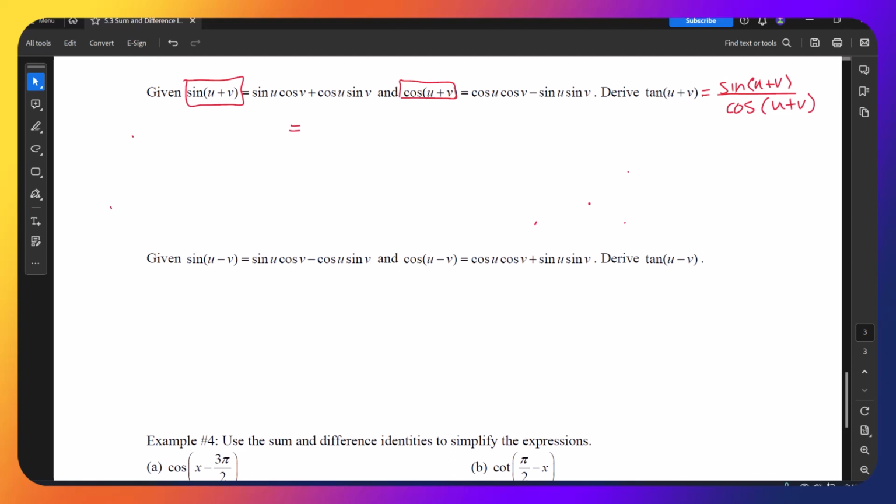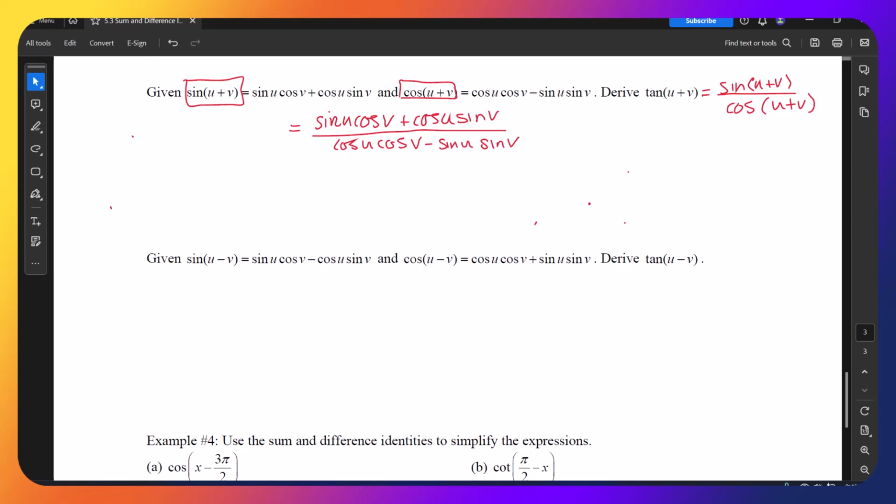Okay, sine of u plus v is going to be sine u cosine v plus cosine u sine v, divided by cosine u cosine v minus sine u sine v. Then we're going to go ahead and see what we can do to manipulate this expression.